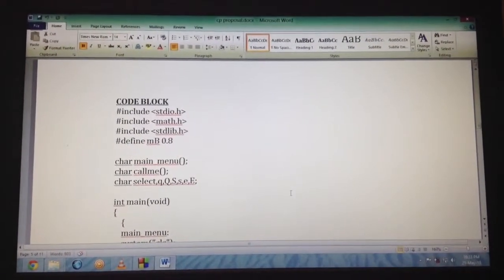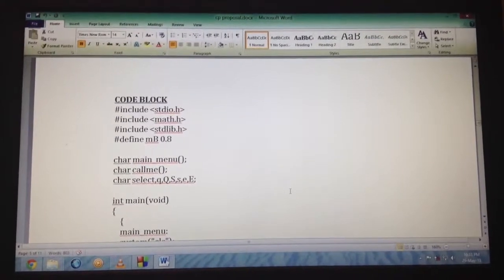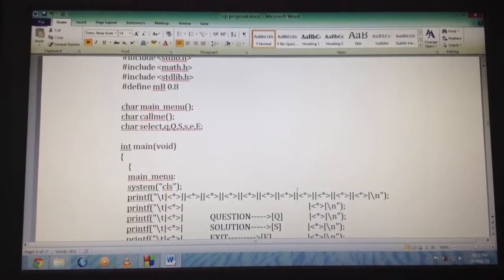This is the code block for the C programming.